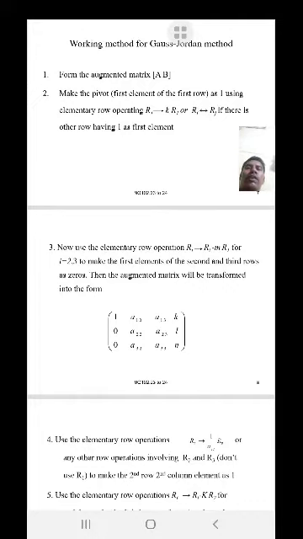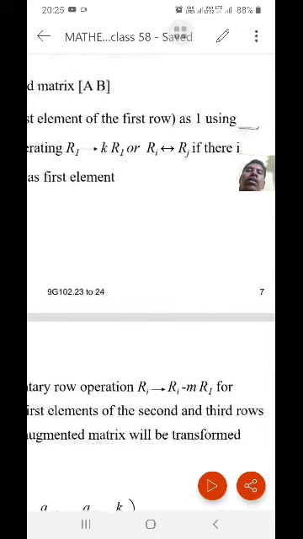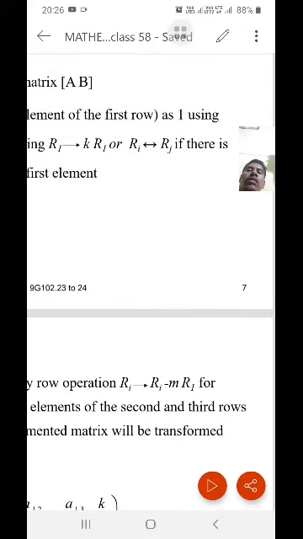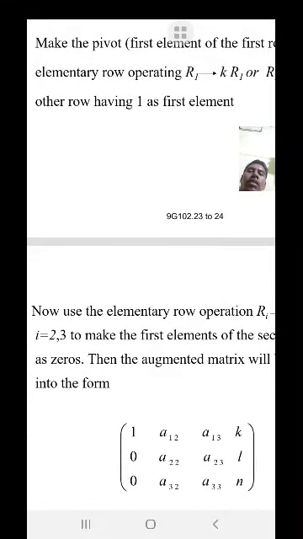Second, make the first element of the first row as 1 using elementary row operations: R1 gives k into R1, or R1 and R3 are interchanged if there is another row having 1 as the first element.